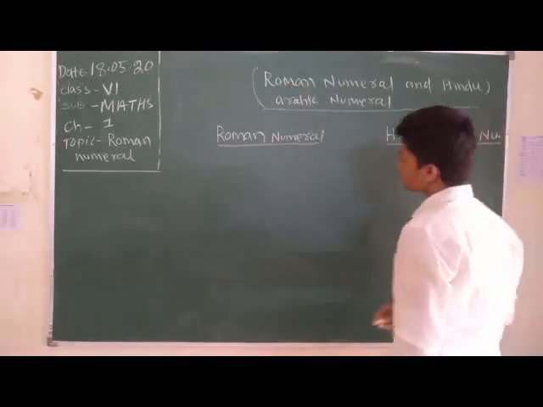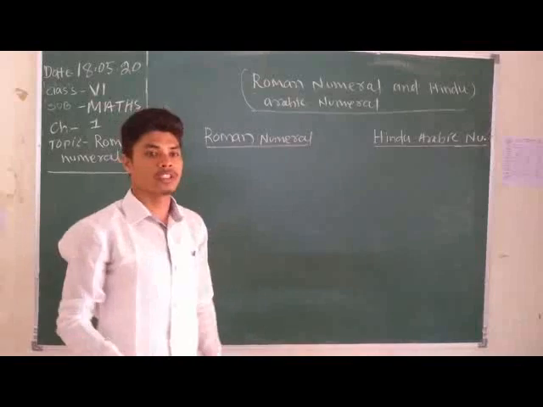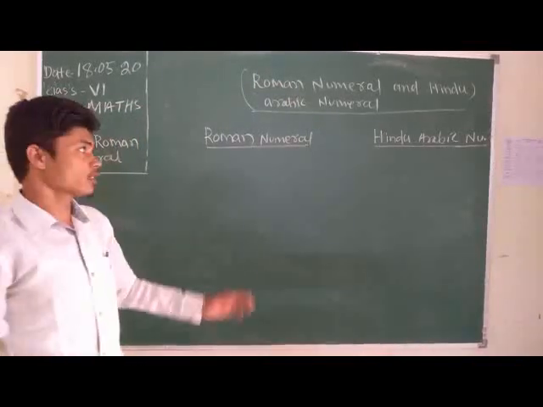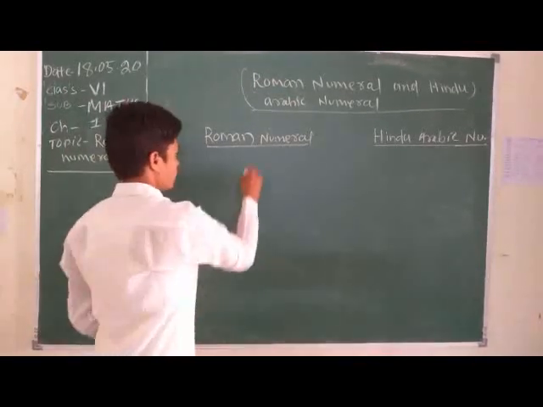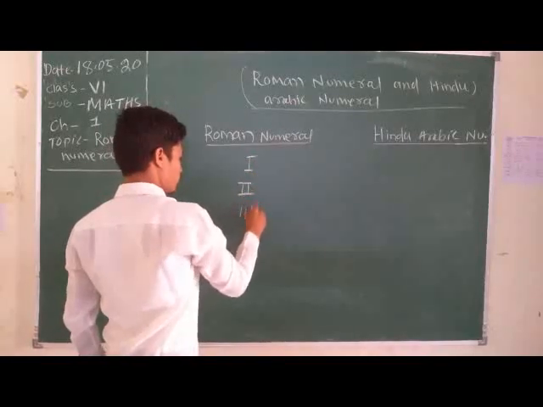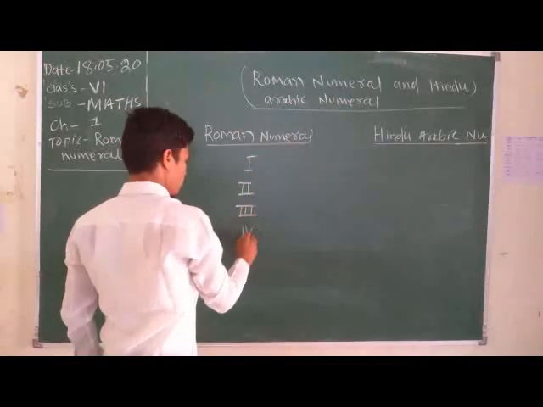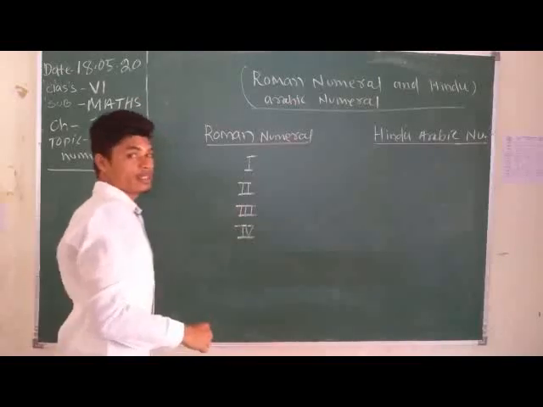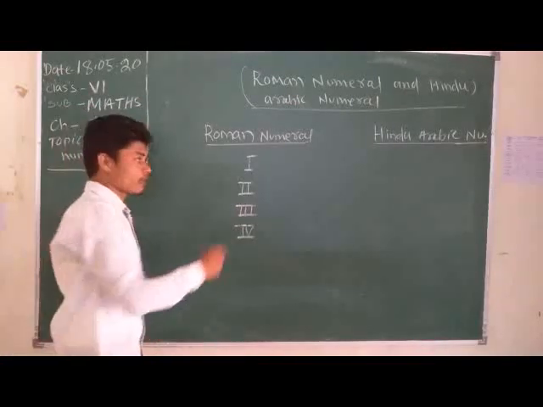You see the clocks. Many times on the clocks the numbers are written like this, like 1, 2, 3, 4. Also we write in class like class 1, class 2, class 3, class 4. These are the Roman numerals.